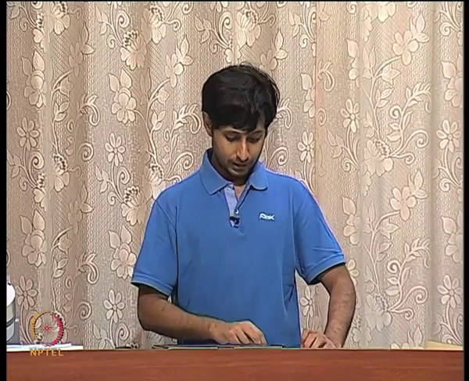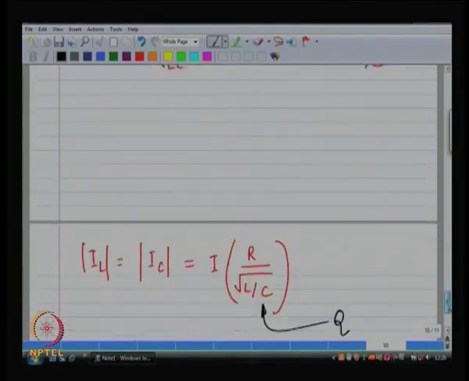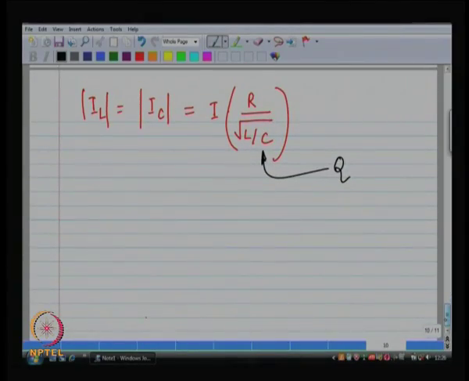You start with a current I and you get 100 times I through the inductor and through the capacitor, right. You can really boost the current to whatever you want depending on the value of Q. Agreed?